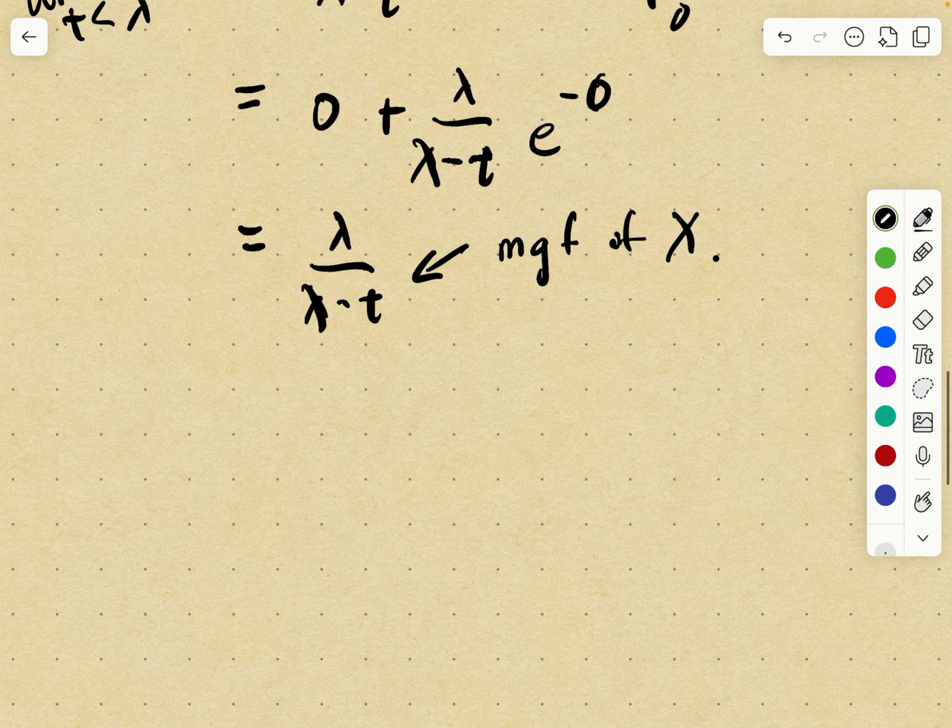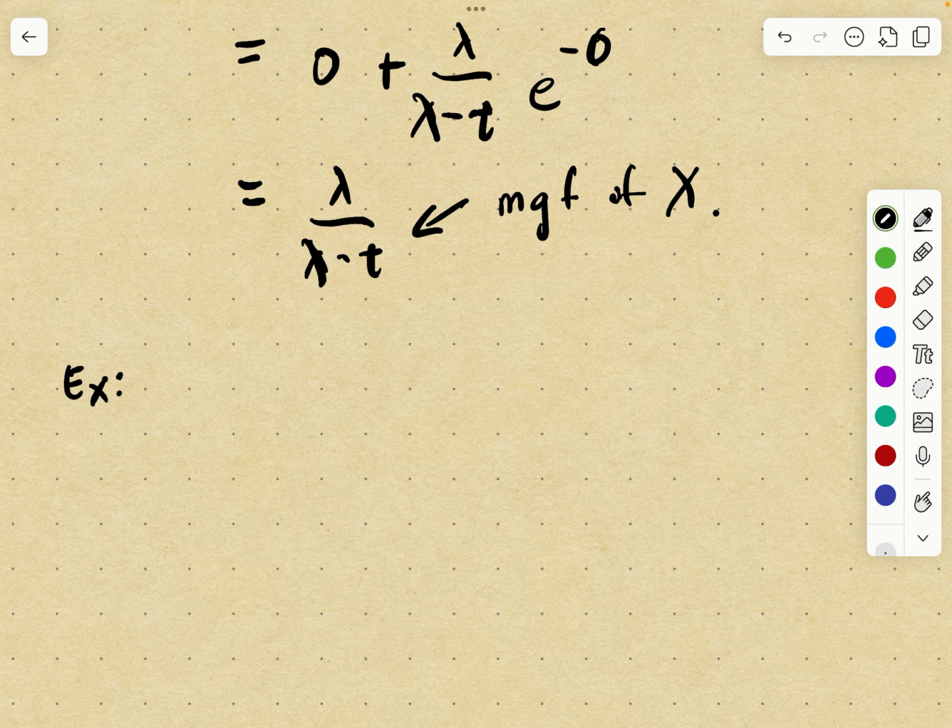Now to calculate the moments, we need to differentiate this function. Actually, we will look at the more general case, the gamma distribution.